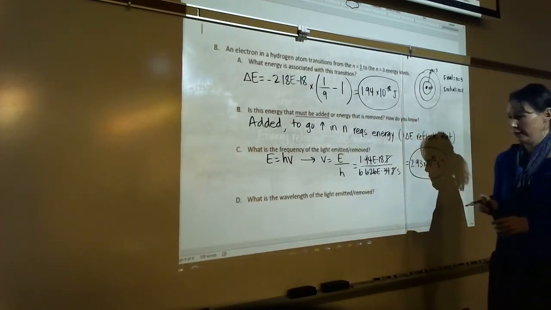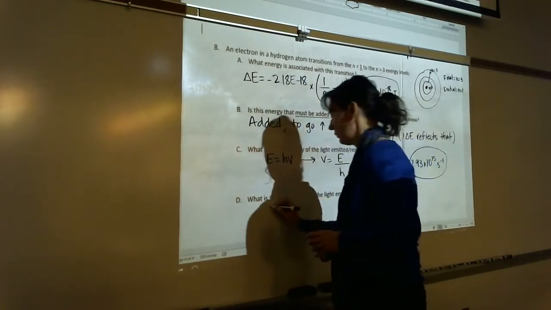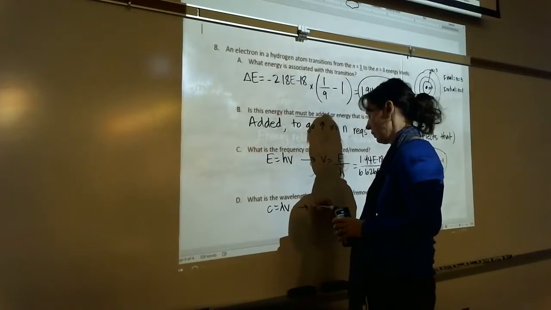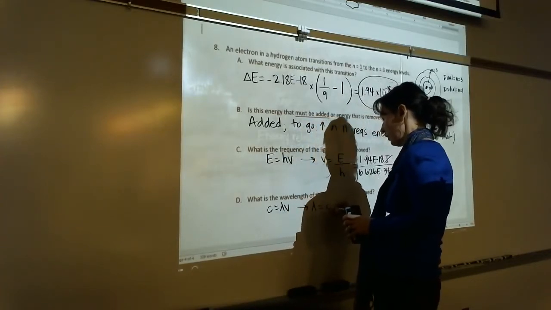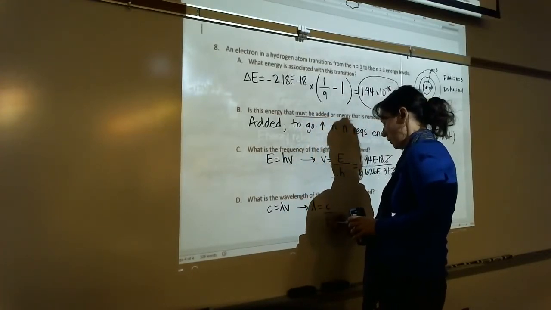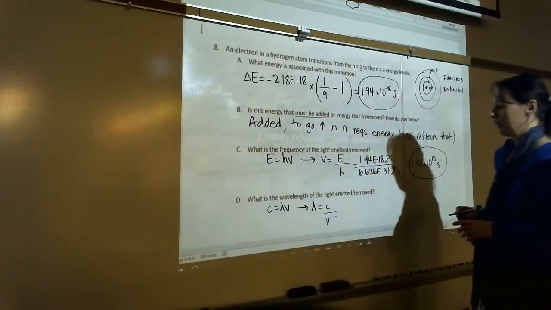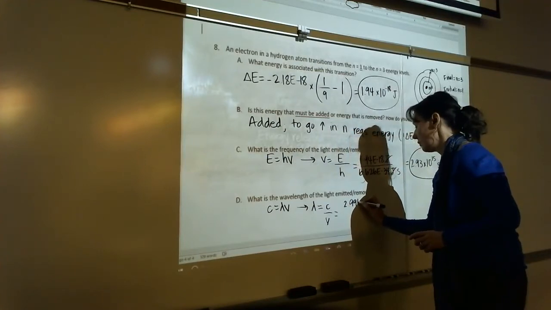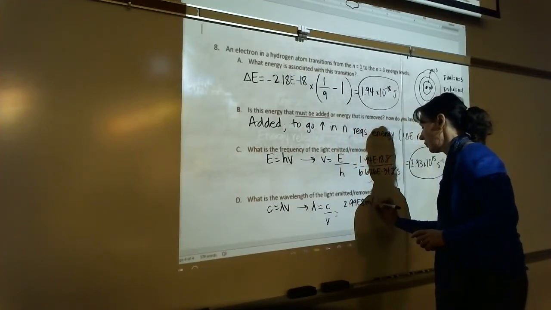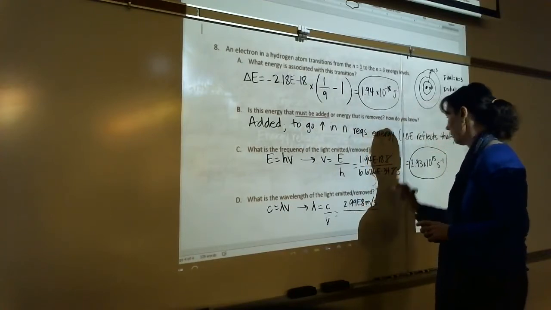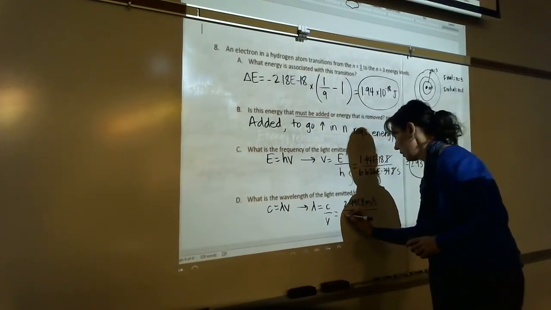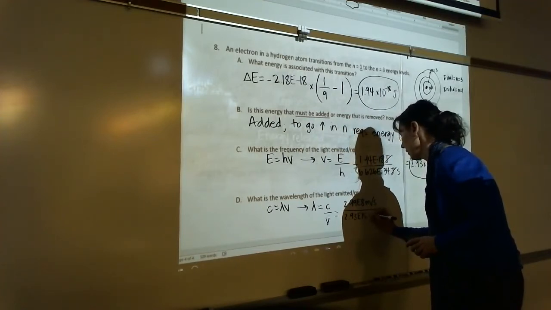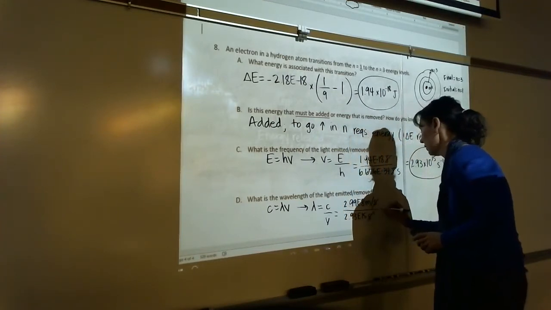How do I get the wavelength? C equals lambda nu. So wavelength is, in this scenario, C is a constant, the speed of light, 2.99 times 10 to the 8 meters per second. And frequency, we just got 2.93 times 10 to the 15th seconds inverse.